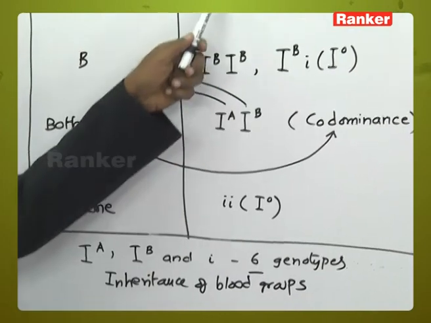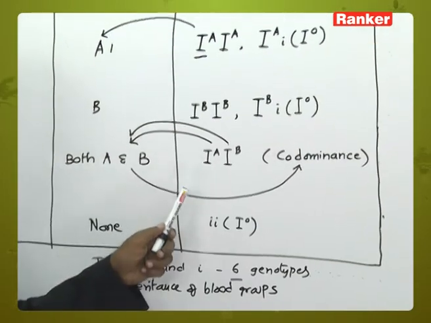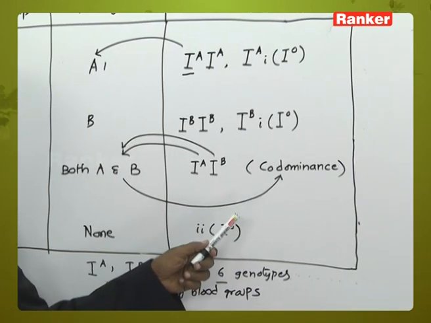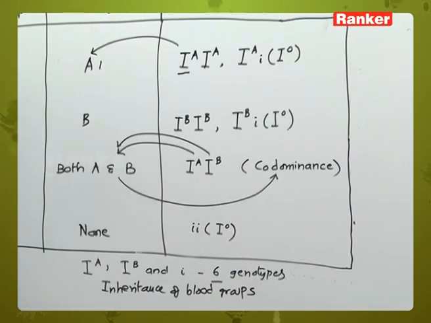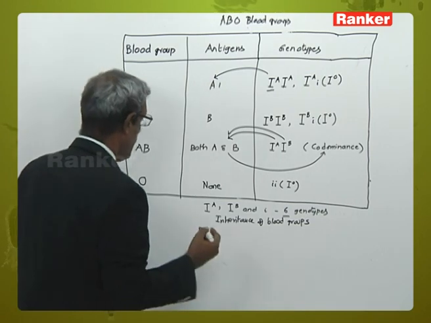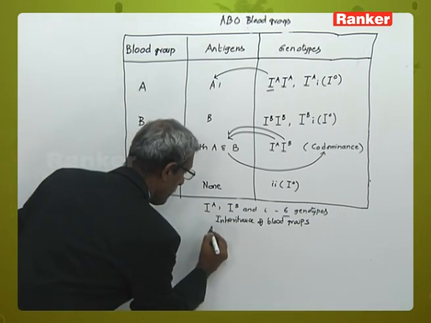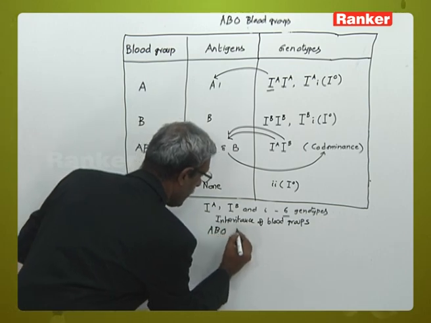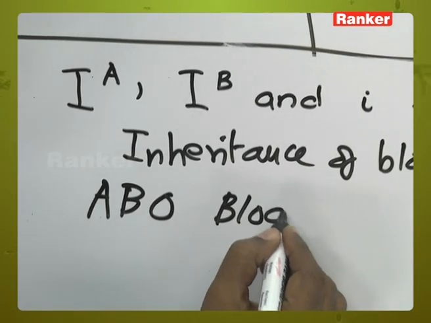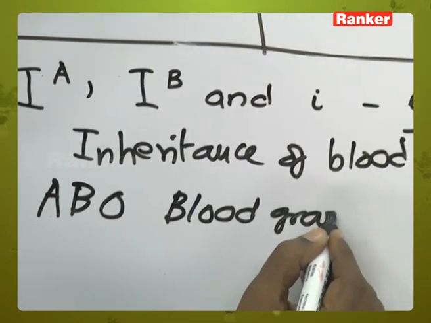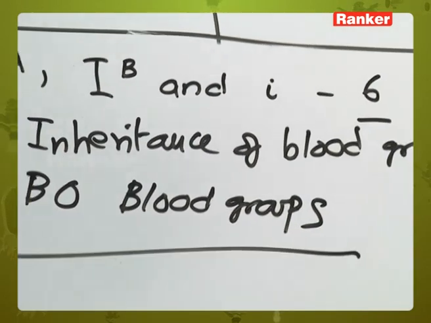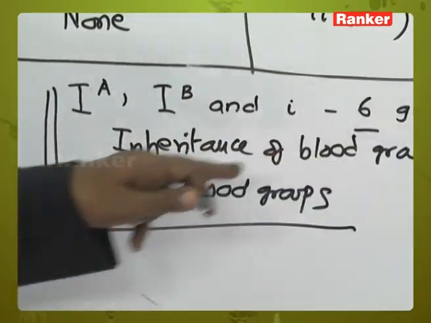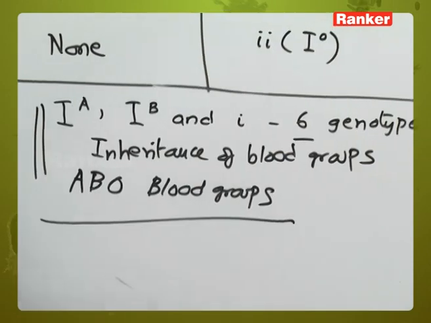So you have a dominance relationship, a codominance relationship, as well as a multiple allele relationship, especially with relation to A, B, O blood groups in human beings. So this is a very important concept. When you take inheritance of blood groups, you get 6 genotypes.